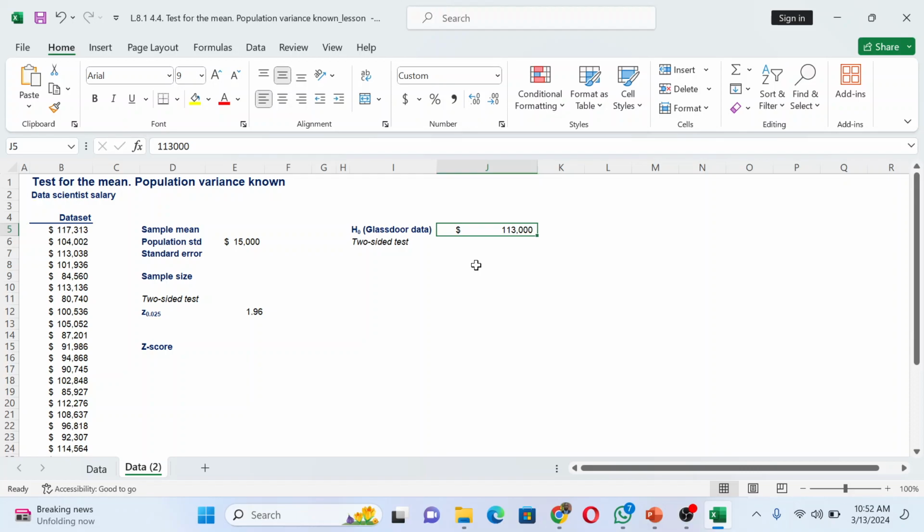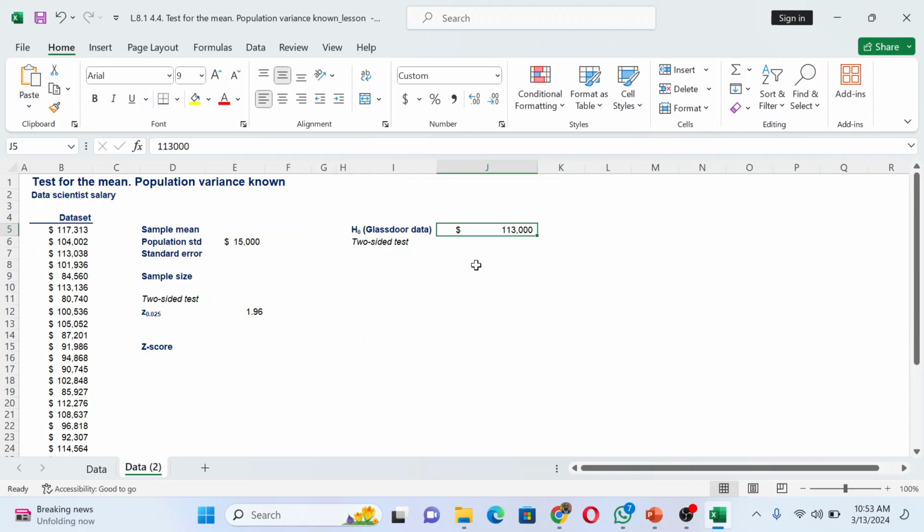The status quo here was that the average salary of a data scientist based on the Glassdoor data was 113 USD. In case I deleted this one, just input it. So we are trying to test that the average salary of a data scientist is not equal to 113.